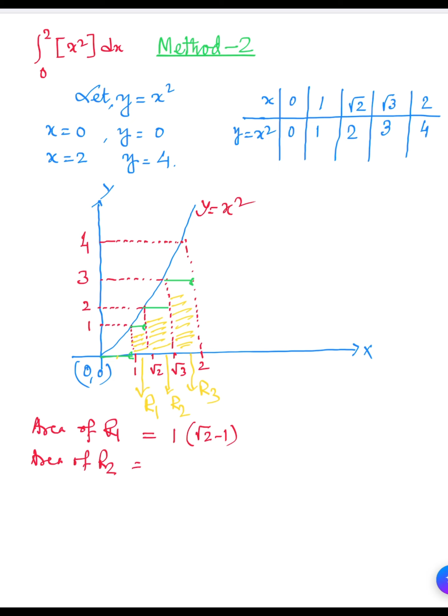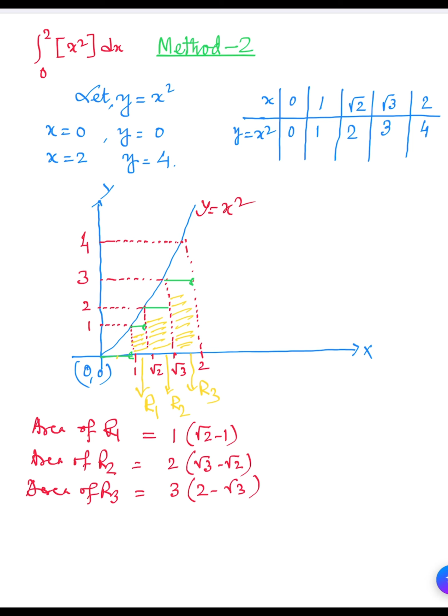Area of R2 equals 2 into root 3 minus root 2, and that of R3 is 3 into 2 minus root 3.